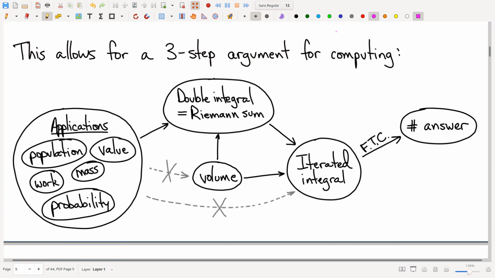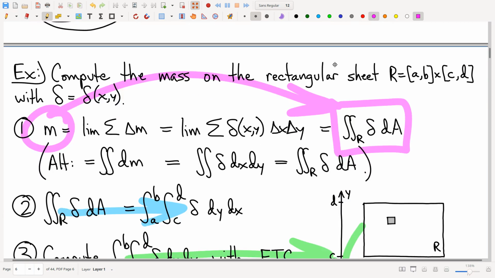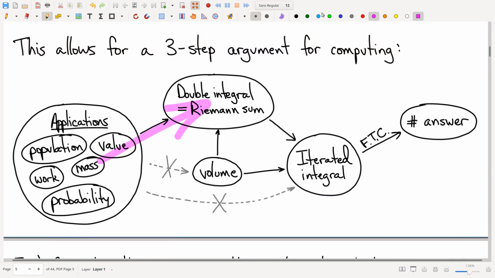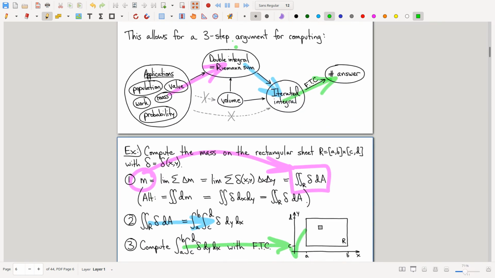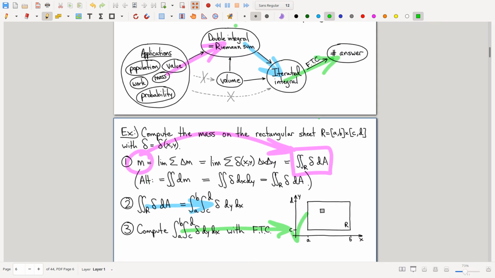Step 1, turn it into a double integral. Step 2, turn the double integral into an iterated integral. Step 3, punch it up with the fundamental theorem. There we go. Okay, so there's our three-step process. Everybody all right?